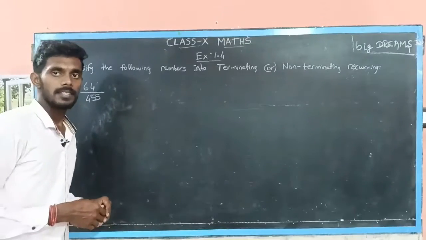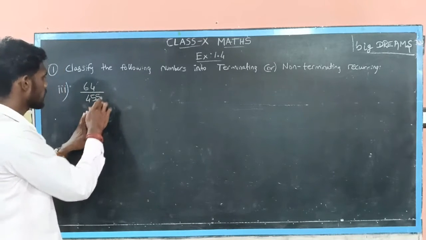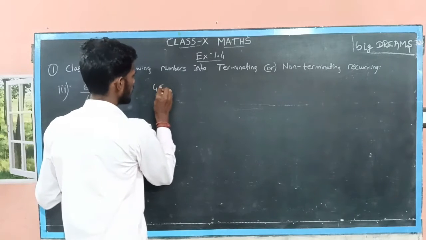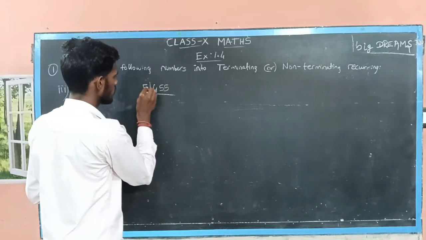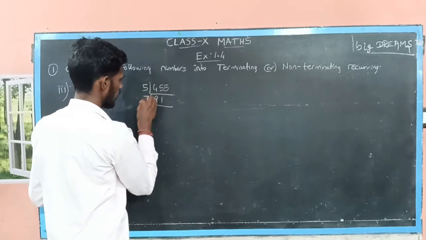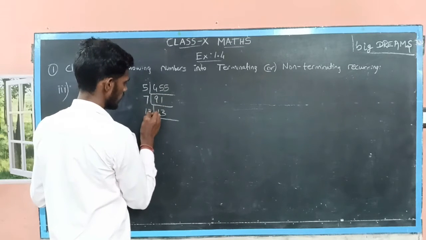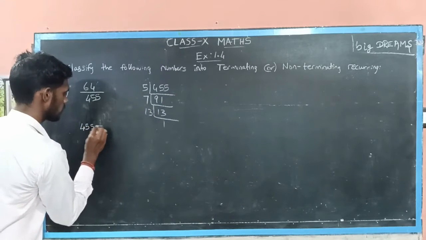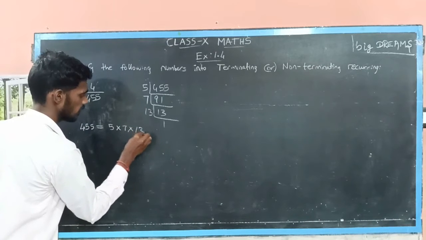Next, the third subdivision, 64 by 455. It is already in the most simplified form, so we just take the denominator and prime factorize it. On dividing by 5, I will get 91. It can be divided by 7, it will be 13, and by 13, 1. So 455 is equal to 5 into 7 into 13.